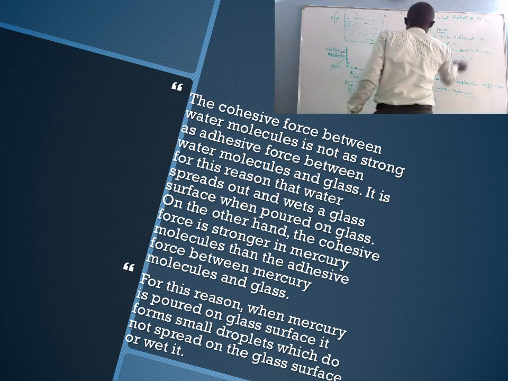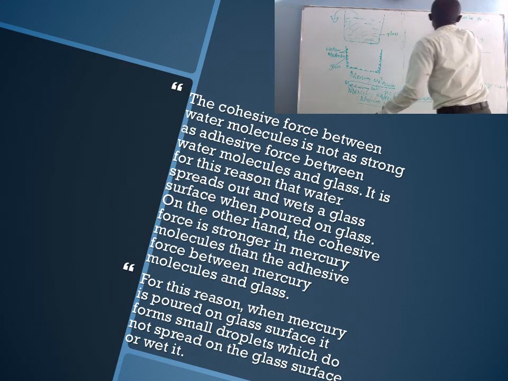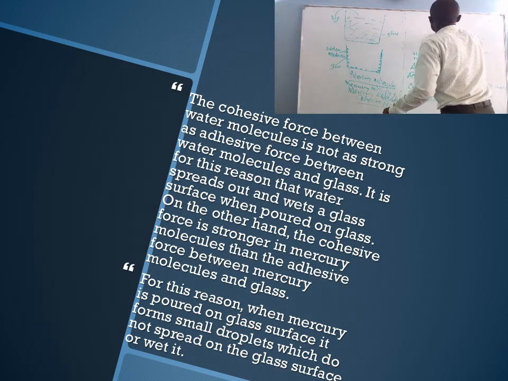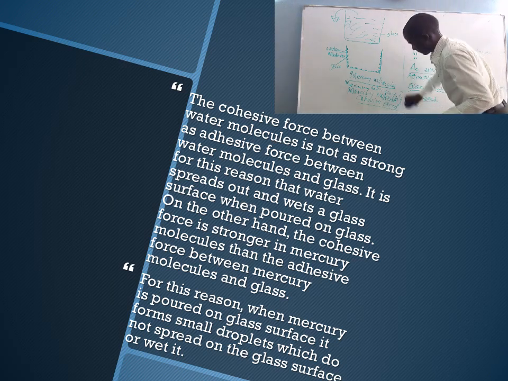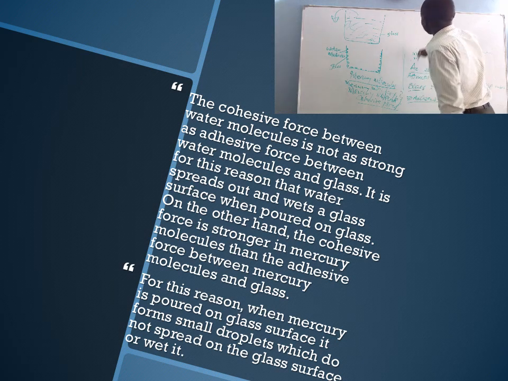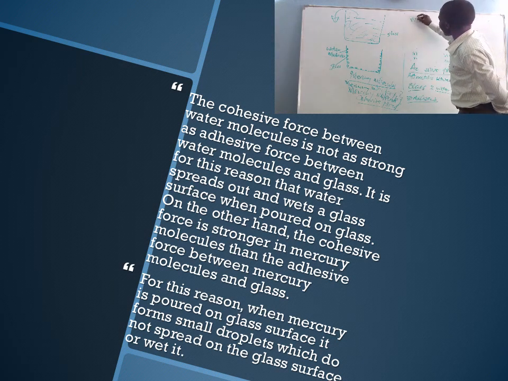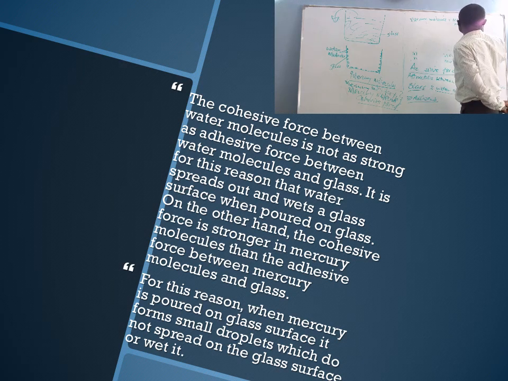And so, what are we saying? Now, what we're saying is that a mercury molecule attracted to another mercury molecule, in this kind of attraction, there is cohesive force.